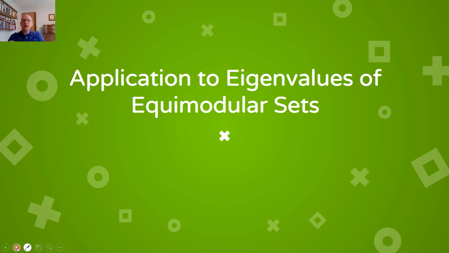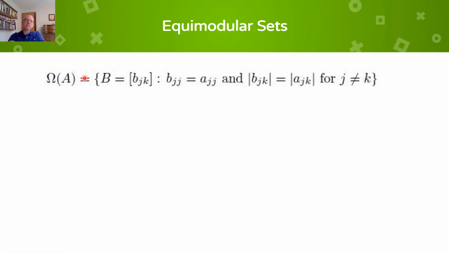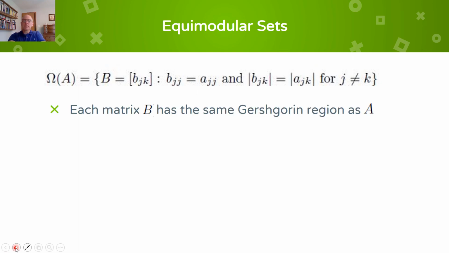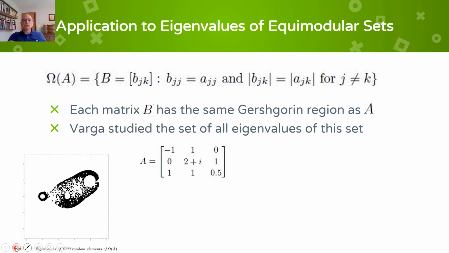Quick application to eigenvalues of equimodular sets. This is what Varga calls omega of A. It's a set of matrices that have the same diagonal elements as A, and the moduli agree. So in other words, each matrix in omega A will have the same Gershgorin region that A does. Varga was interested in the set of all eigenvalues of this equimodular set.